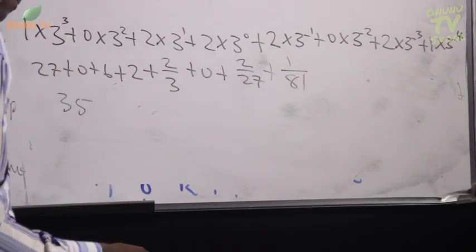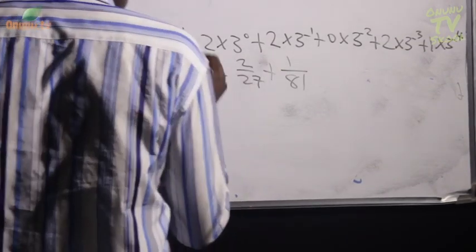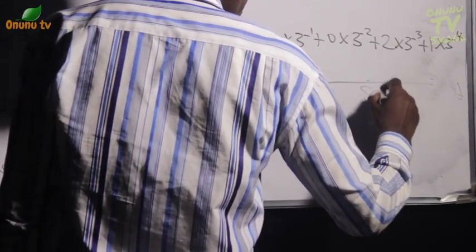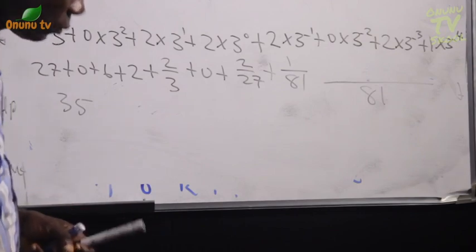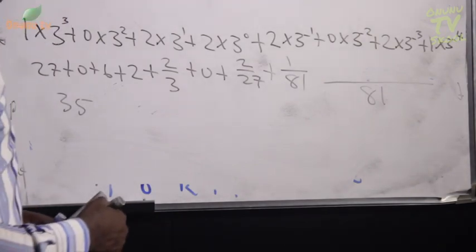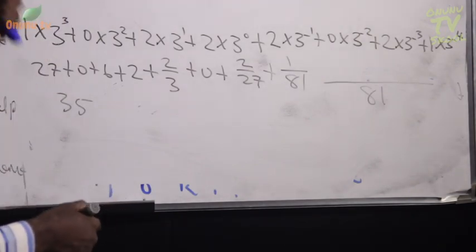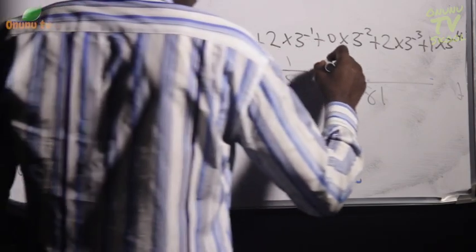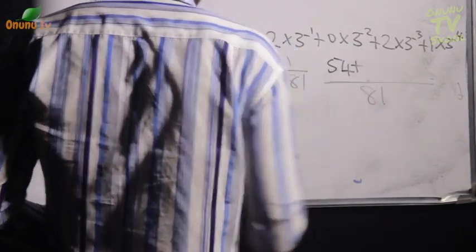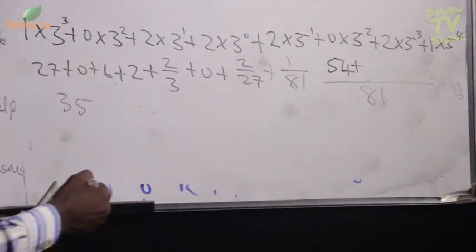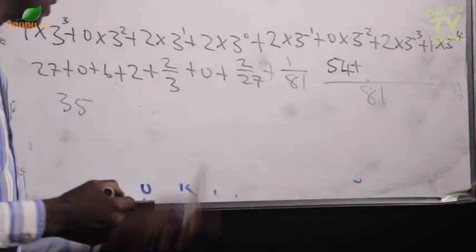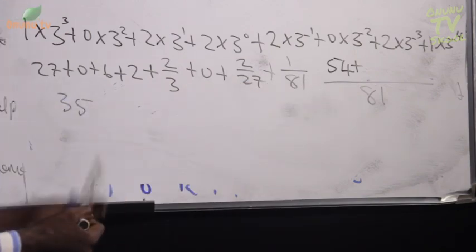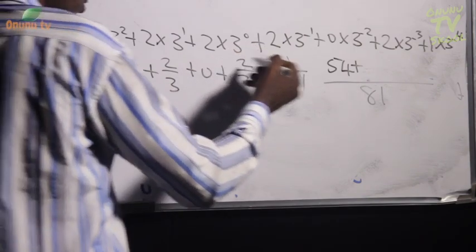This is a fractional problem. We find the LCM. LCM of 3, 27, 81 is what? 81. Now, 3 divided into 81, you have 27. 27 times 2 is what? 54. Plus, 27 divided into 81, you have 3. 3 times 2 is what? 6.